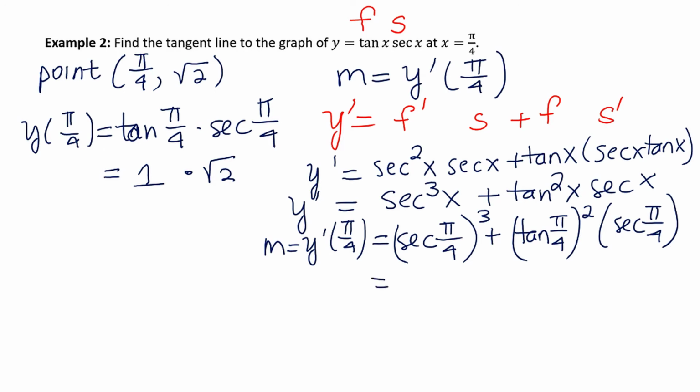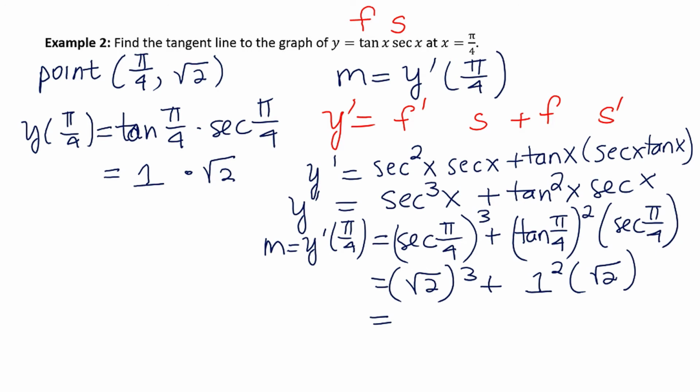The secant of pi over 4 is the square root of 2. We cube that. The tangent of pi over 4 is 1. Square that. And the secant of pi over 4 is the square root of 2.